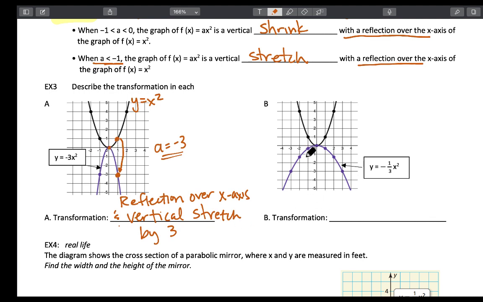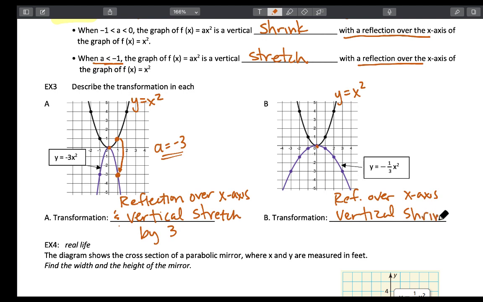All right, in example 3b, we again have to find that transformation. Here is the graph of my parent function y equals x squared, and its other function here, y equals -1/3 x squared. So you can see that there's a reflection over the x-axis, and there is a vertical shrink.